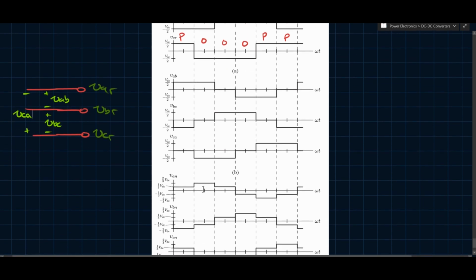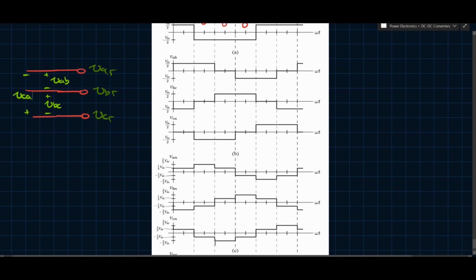Now here you have VAN, VBN, and VCN. Now the way this one is defining the N, the neutral in this case, is defined as the midpoint on the AC side.